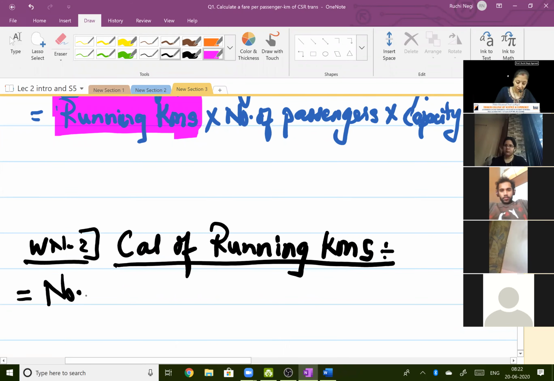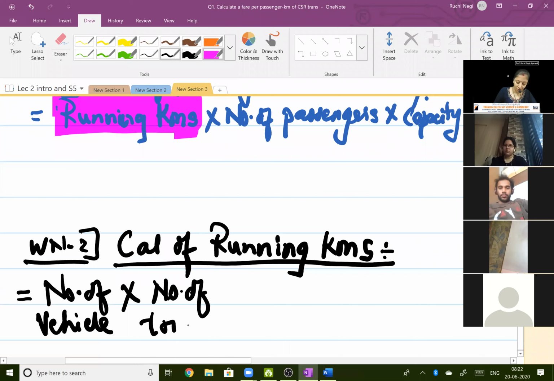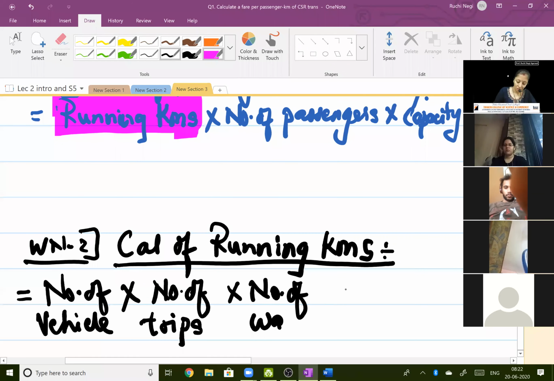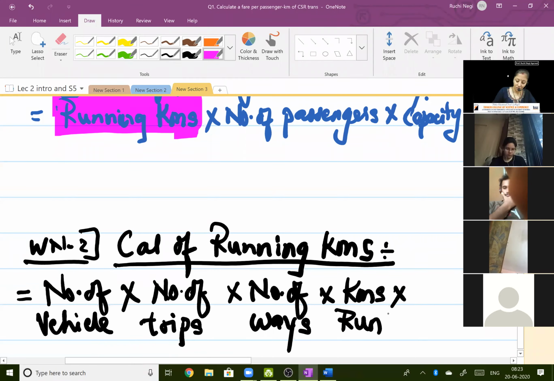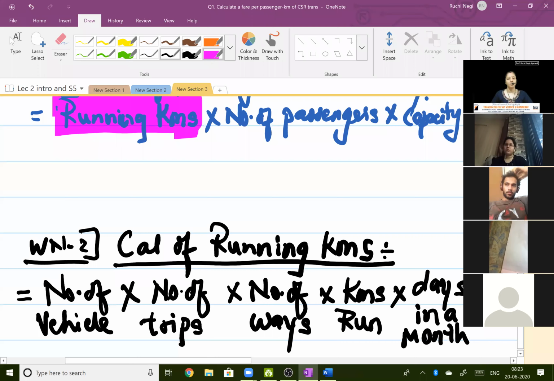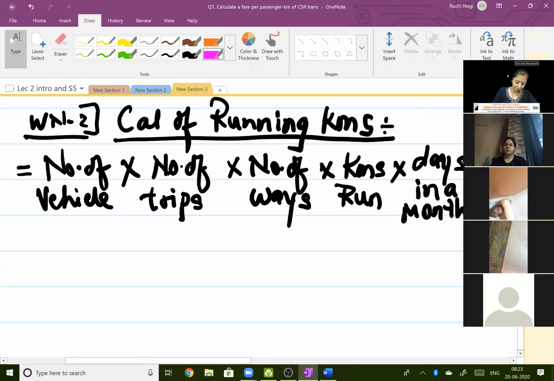Number of vehicles into number of trips into number of ways into kilometers run into days in a month. Clear? Now start substituting the values.